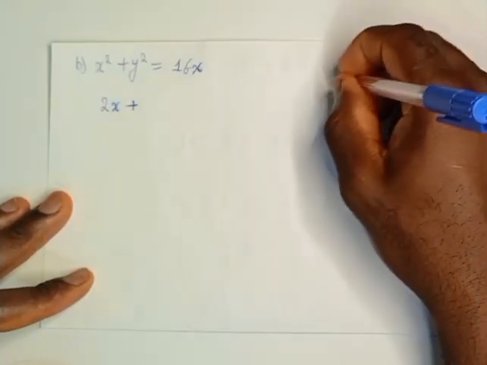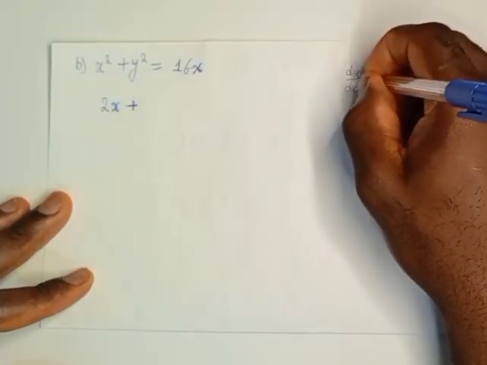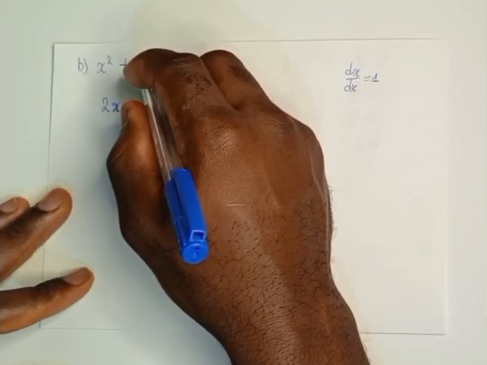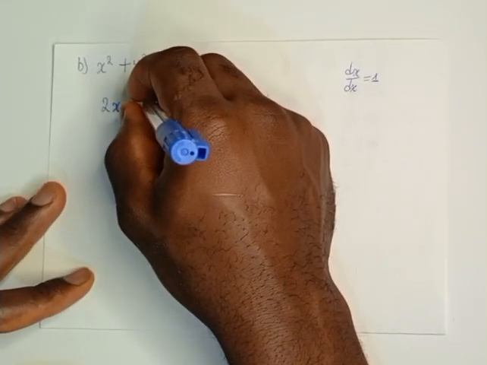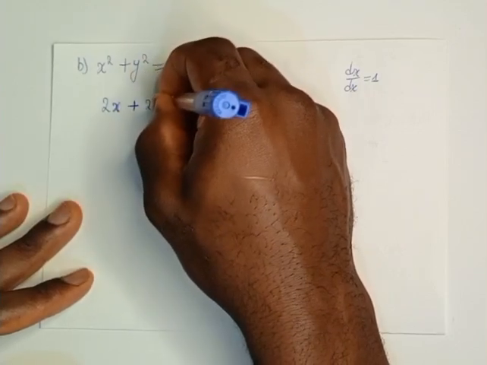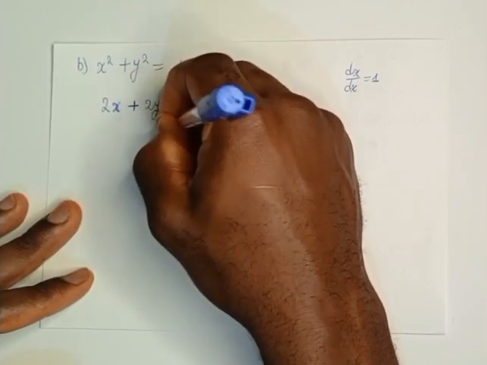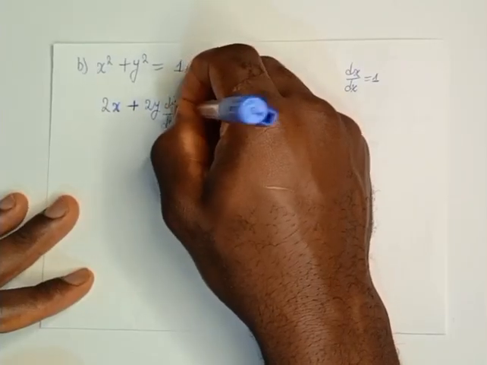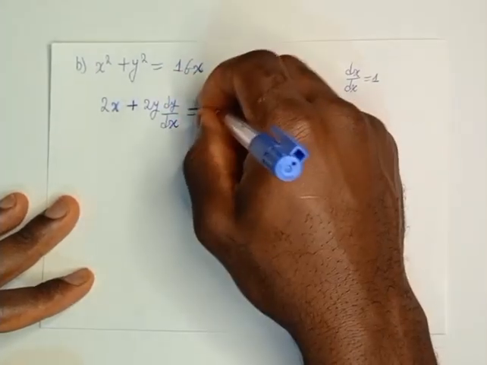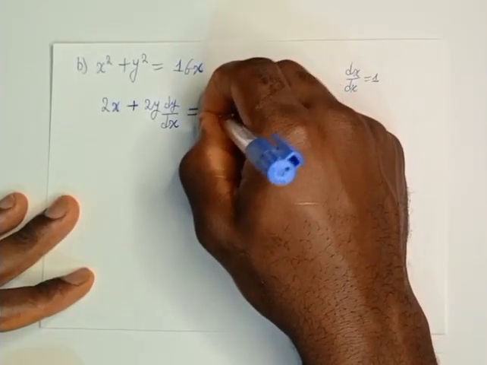Remember, dx over dx is 1. Plus, we have to differentiate the y squared. This will give us, with respect to x, 2y dy all over dx is equal to the derivative of 16x, which gives us 16.